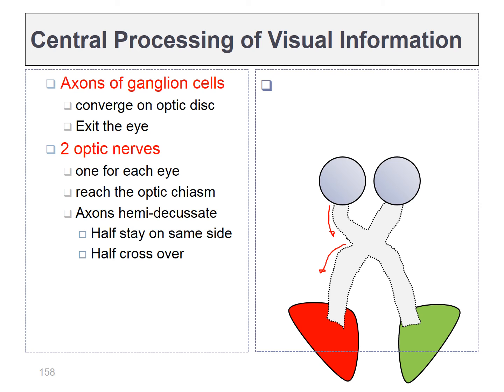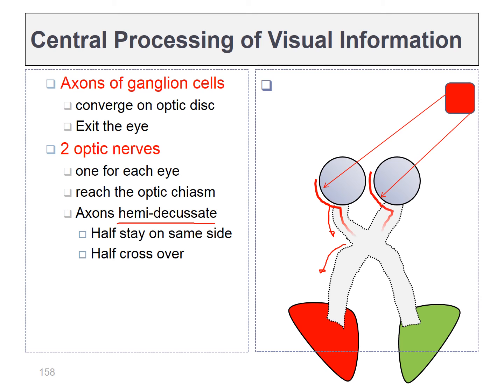They just connect to one side of the brain or the other side of the brain. So why do the optic nerves connect at this chiasm? And why do the nerve fibers hemidecussate? That means half of them cross over and half do not. And that's to keep the brain wired in an organized fashion.